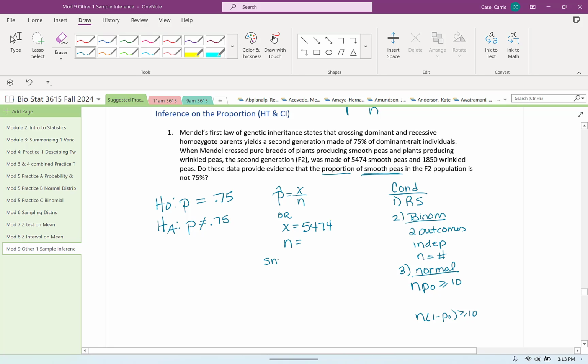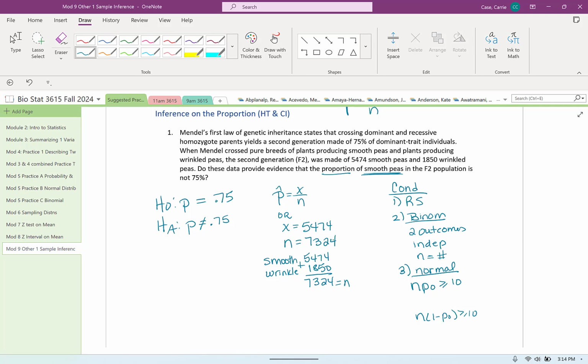The smooth peas, there were 5,474 of those. Wrinkled peas, there were 1,850. And those are the only two kinds. So if I add those two numbers together, I get 7324, and that's my sample size.